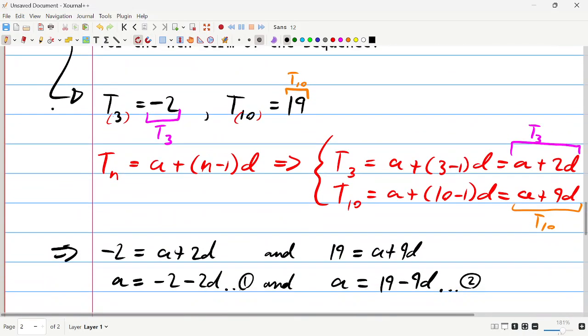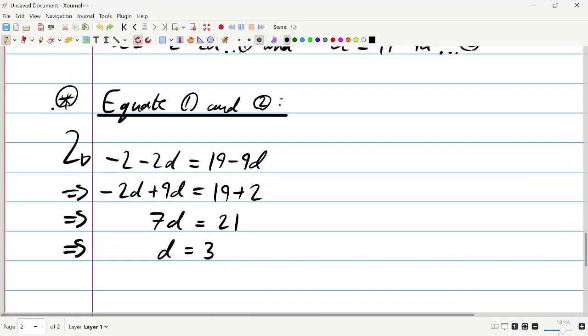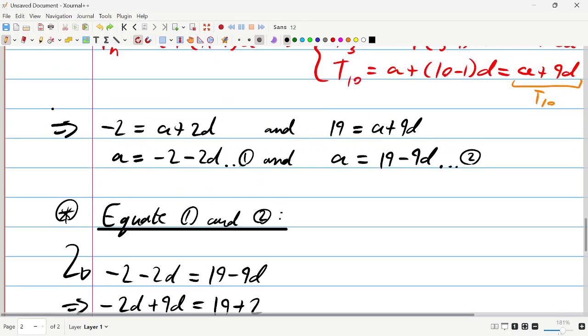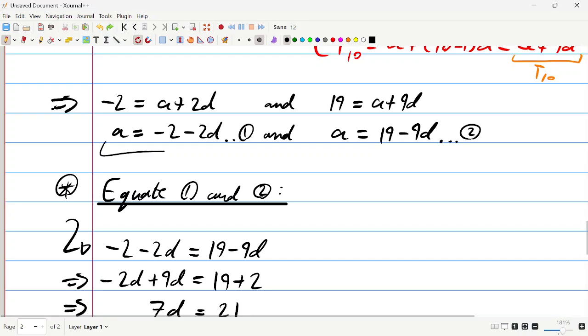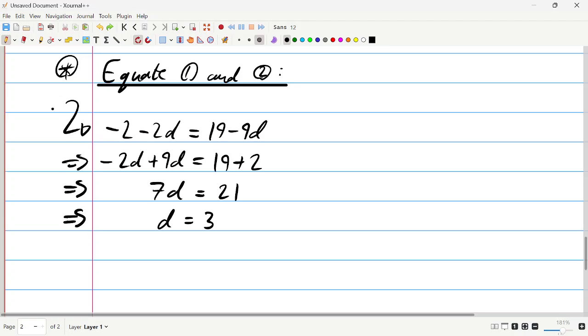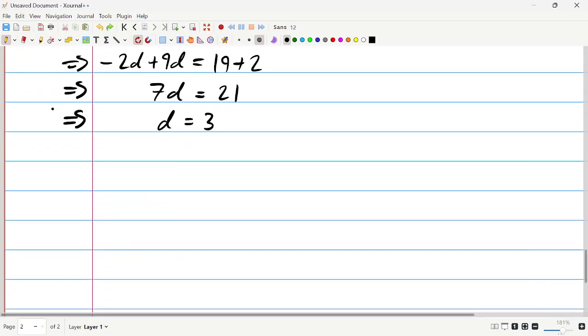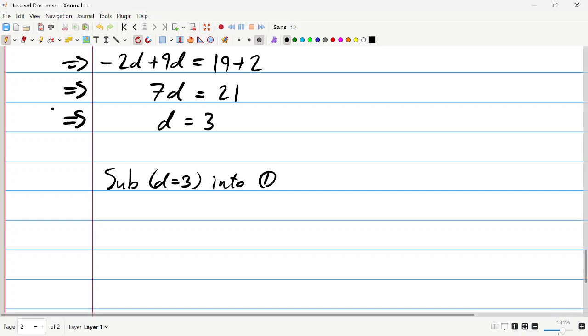D is equal to 3, according to what we need to find. And we just need to solve for A. So A we can get from subbing back into either equation 1 or equation 2. It would be easier to sub into equation 1. So now we can say sub D equals 3 into 1.